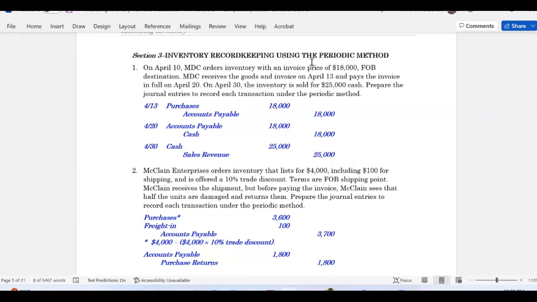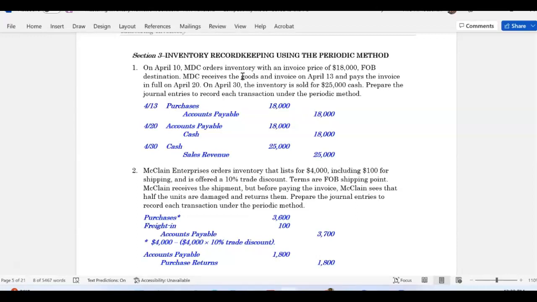So let's go with this example. On April 10, the company orders inventory with an invoice price of $18,000, FOB destination. That means the buyer, MDC, is not paying for shipping, because it's FOB destination. The seller is paying for the shipping, and the seller owns the goods during shipping until they get to the final destination.